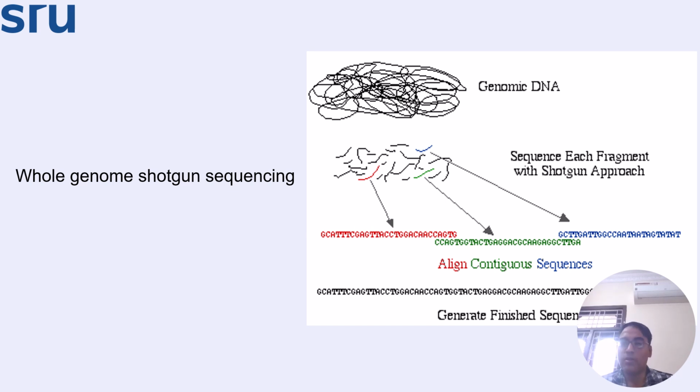Suppose I give you 4 fragments: ABC, BCD, CDE, then DEF, or EFG, like that. When I'm combining them, two bases are always repeated: the last 2 bases I'm repeating in the next one.